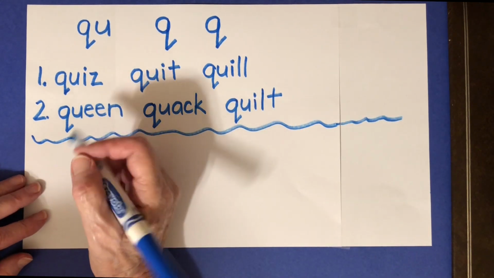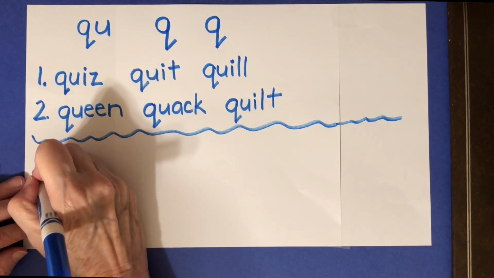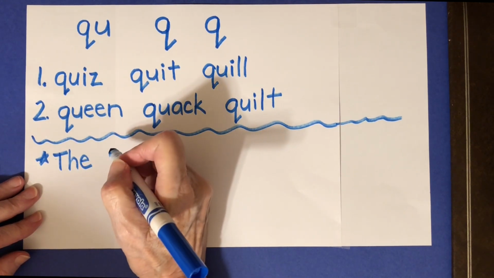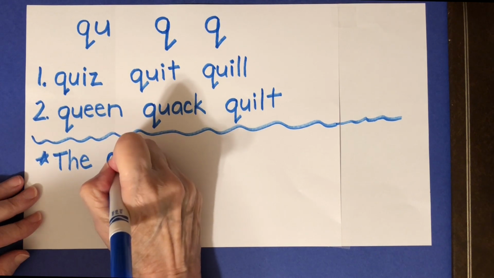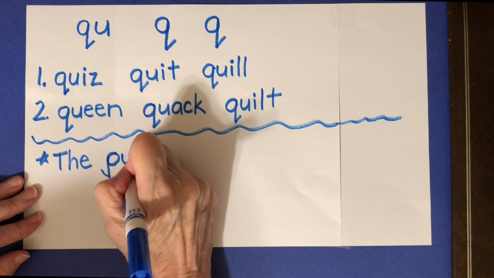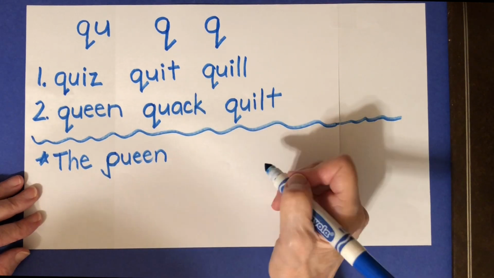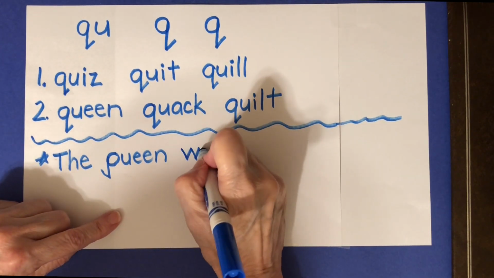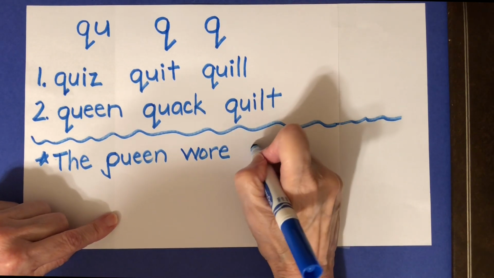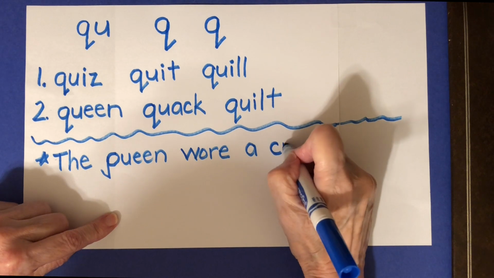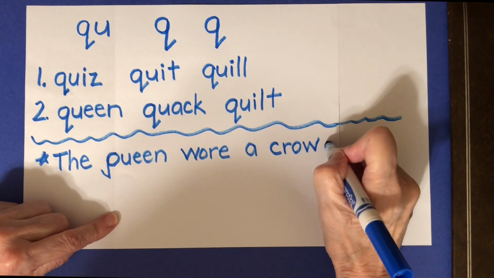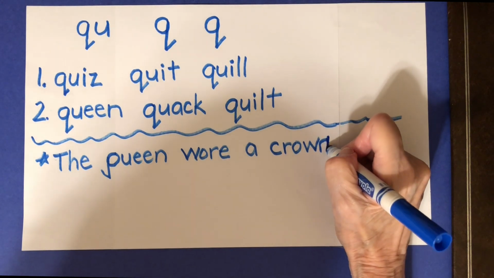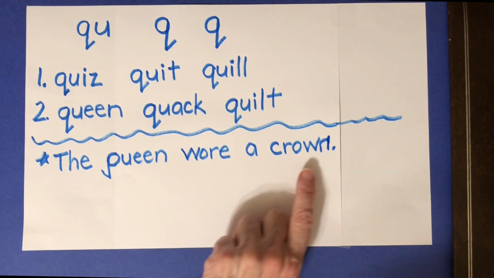Here's the first one. The Queen wore a crown.